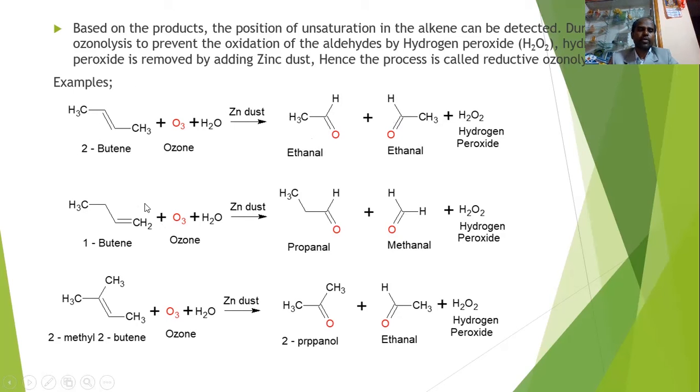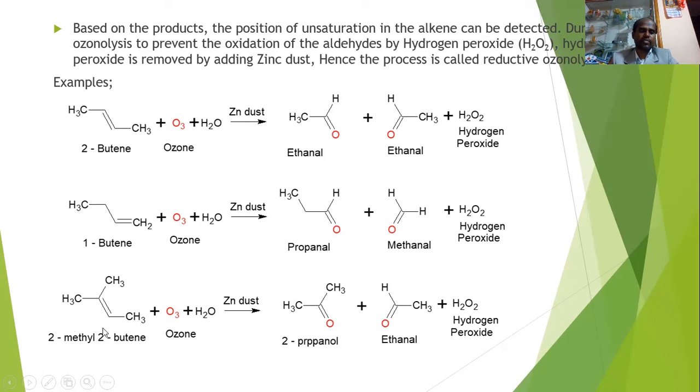Let's take one more. This is an unsymmetrical double bond, 1-butene. When it is subjected to ozonolysis, it gives 2 different carbonyl compounds, one is propanal and another is methanal. So this itself is helpful for finding out the place of the double bond present in a reactant.